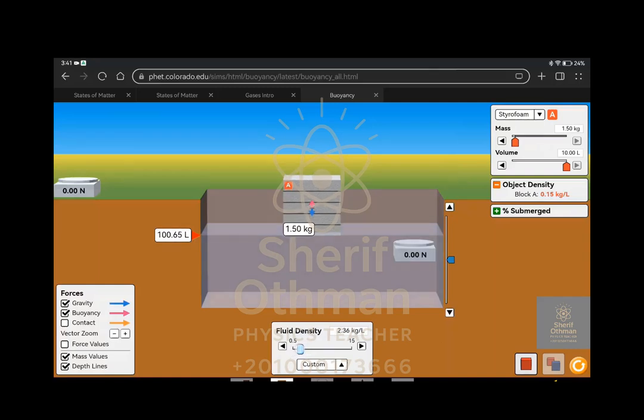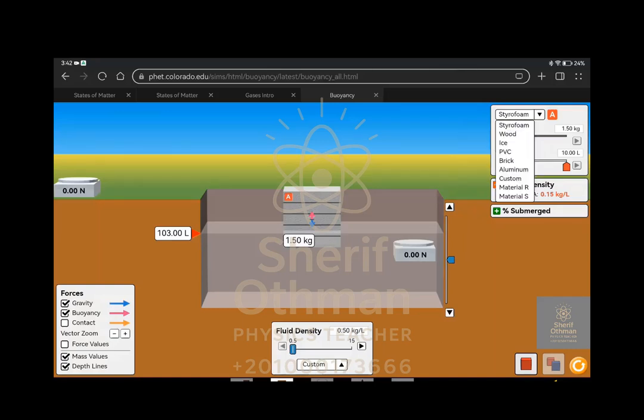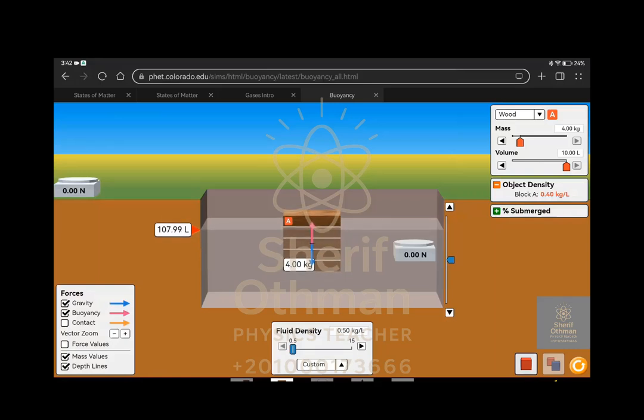By decreasing the density, more of the object is immersed and the displaced volume increases. Changing the material itself, putting wood, more of the wood is immersed and more water for the same cube volume is replaced as more volume is immersed.